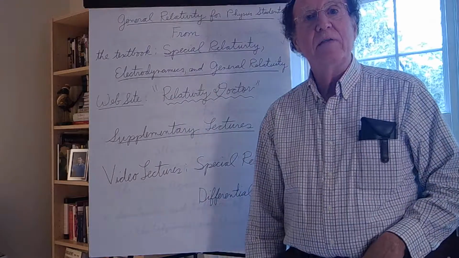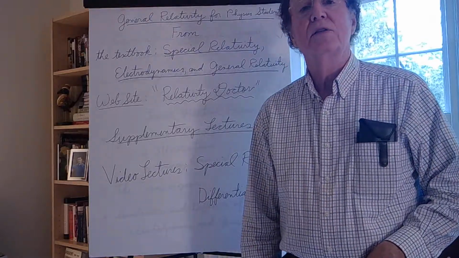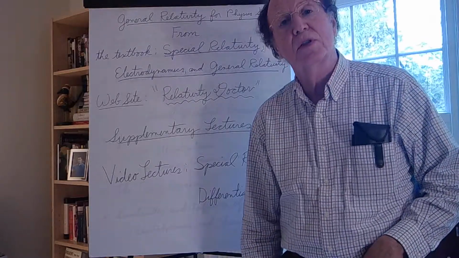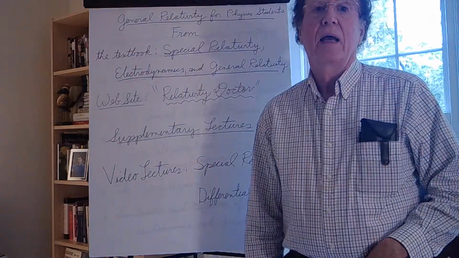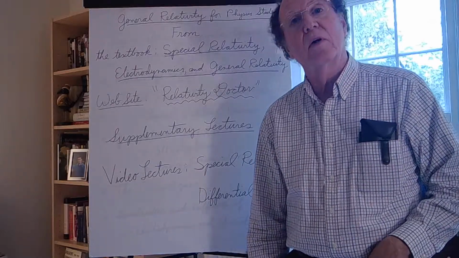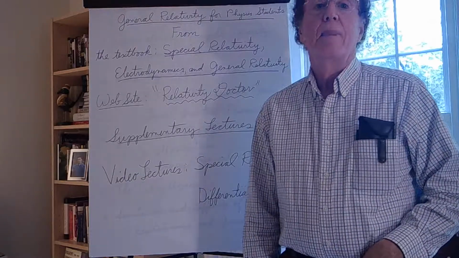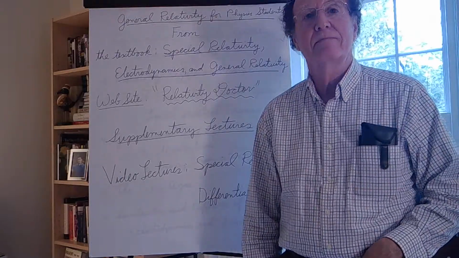In special relativity, we were interested in global transformations, Lorentz transformations, boosts, and global rotations. Now we're interested in local rotations, local changes of coordinate systems, so that everything becomes dependent upon the space-time position.